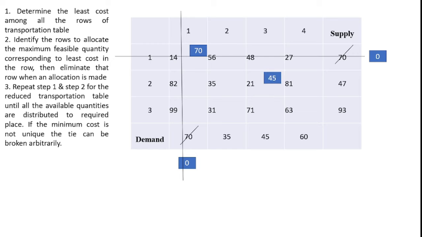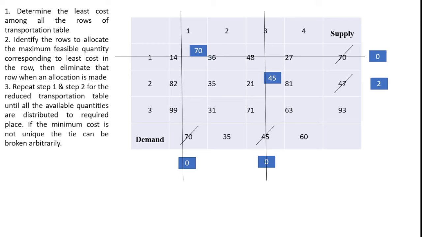Here I allocate 45, because I compare both values: supply has 47 and demand has 45. From this I can allocate 45 in the corresponding cell. So demand 45 becomes 0, and in supply the balance of 47 is 2. So I eliminate the third column because the demand is 0.